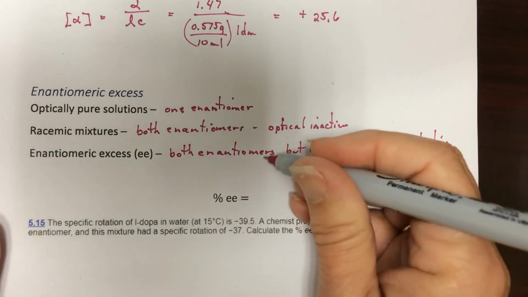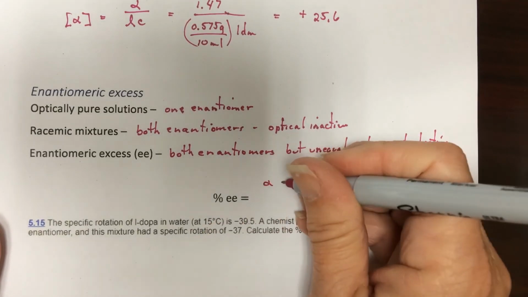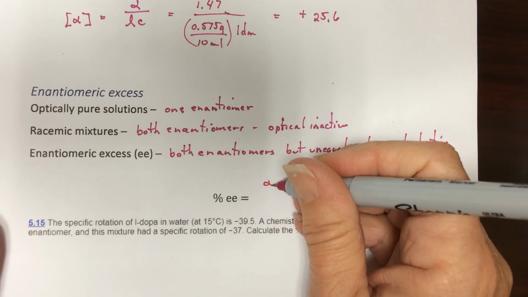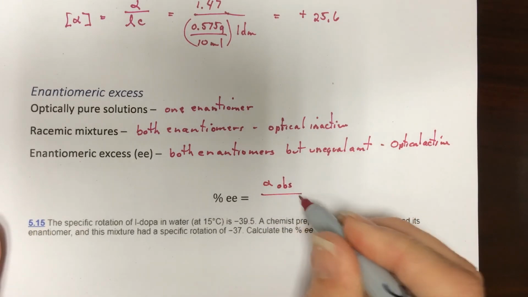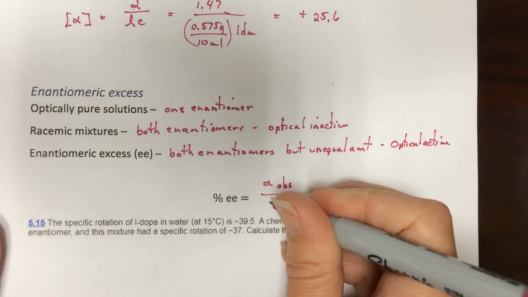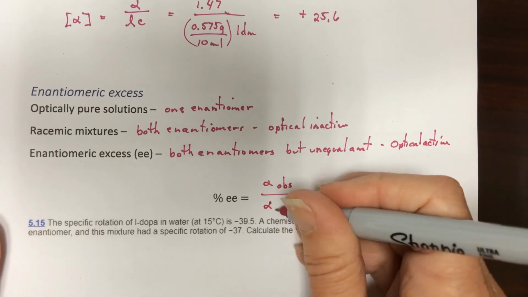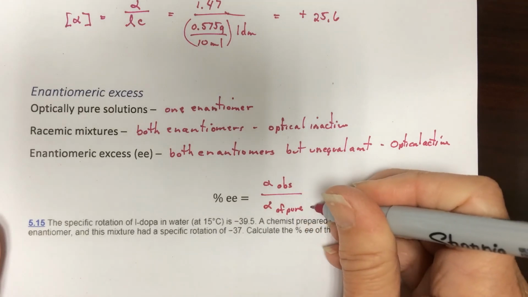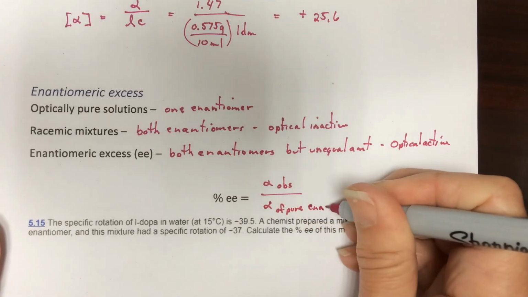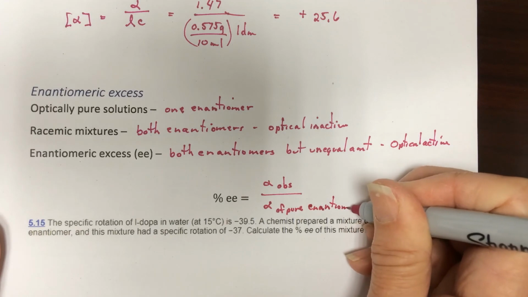This is calculated. We do the rotation observed divided by the rotation of a pure enantiomer.